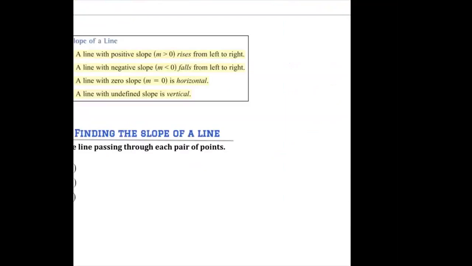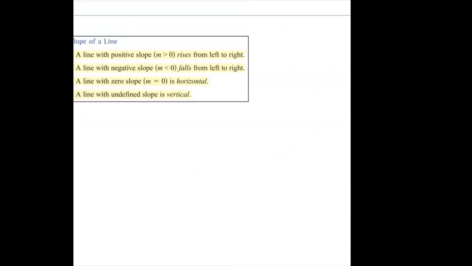We're doing types of slope. In general, there are 4 types of slope. A slope that is positive rises from left to right. A slope that is negative falls from left to right. A line with 0 slope is horizontal, and a line with undefined slope is vertical. Positive slope is going to look like this, going up from left to right.